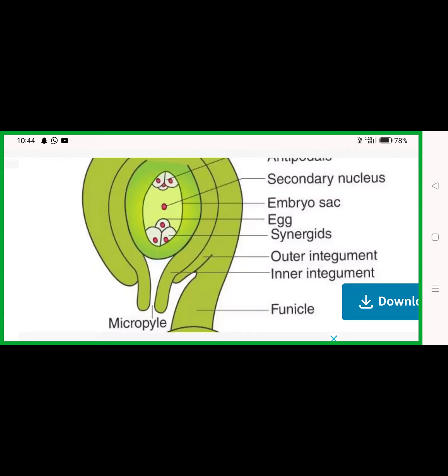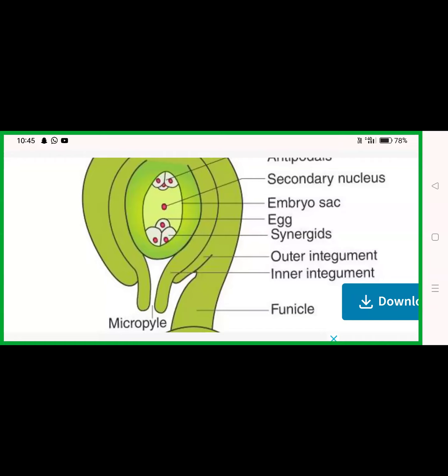Without fertilization, the embryo will be formed. Examples are Taraxacum and Alchemilla.